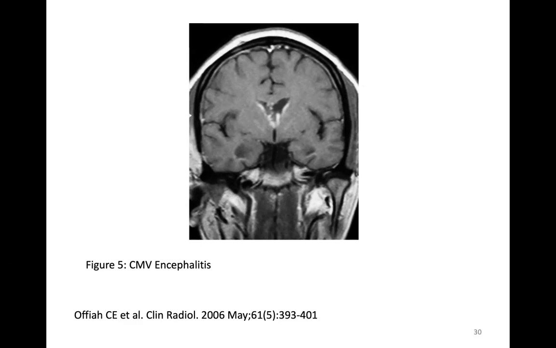Usually, even with these ones, the presentation can commonly be cognitive decline. So what we can say is that majority, when you have cognitive decline or impairment, you think of CMV, cytomegalovirus encephalitis. And then remember, I also mentioned the HIV encephalitis itself.